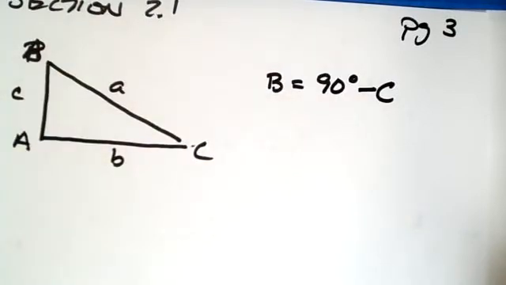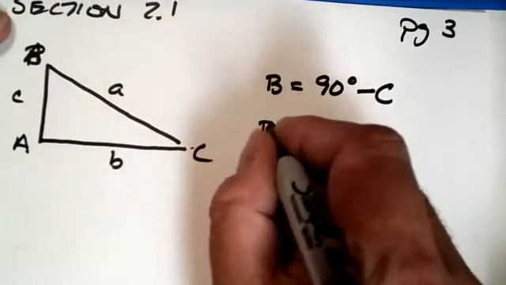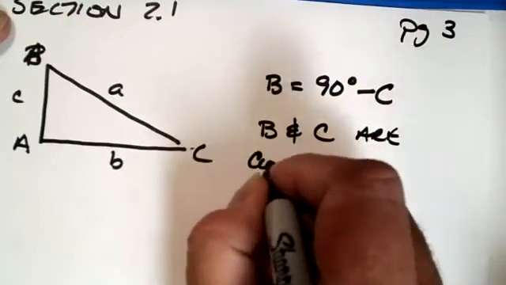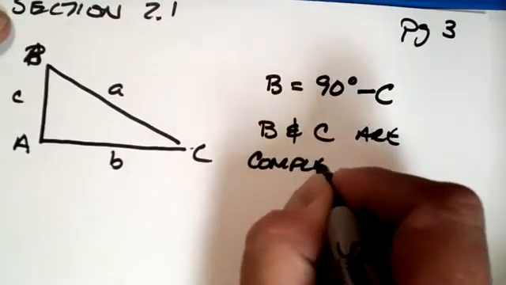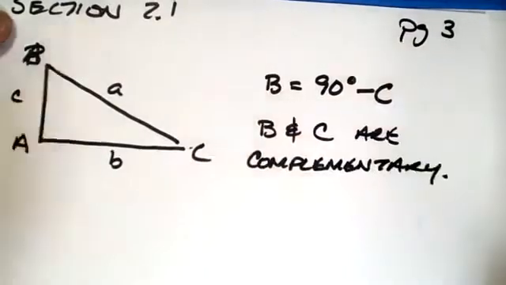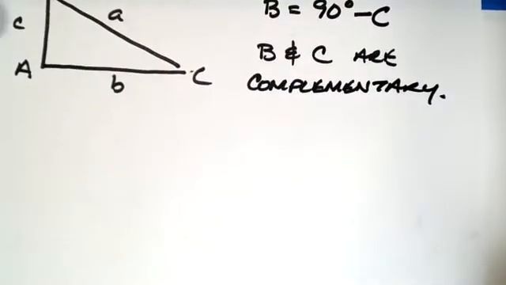The relationship between B and C in this particular case is that they are complements of each other, right? B and C are complementary angles. They add up to 90 degrees.